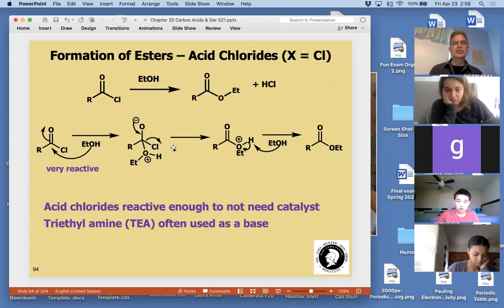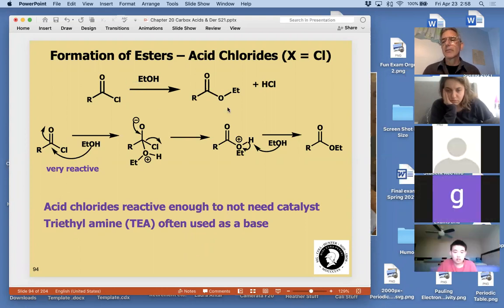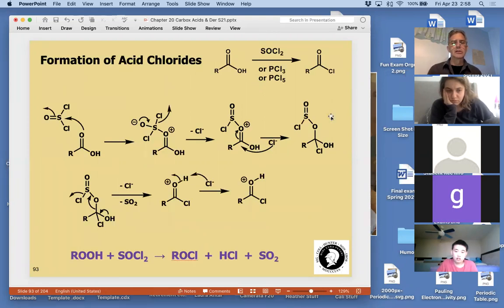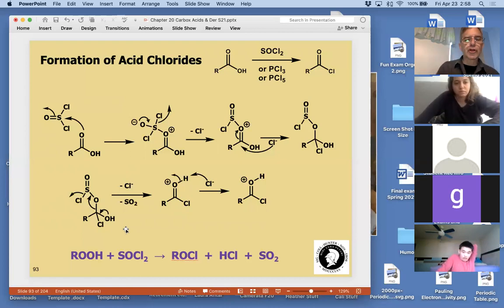Which OH? Here? The H is lost as HCl. I'm talking about the previous slide. Okay, that's what I was wondering. Oh, my arrow's in the wrong place.